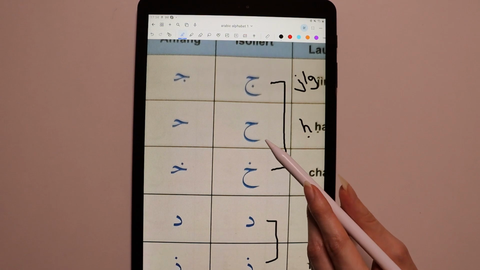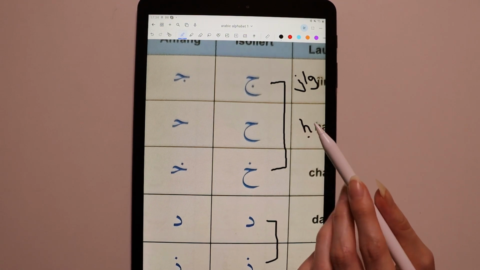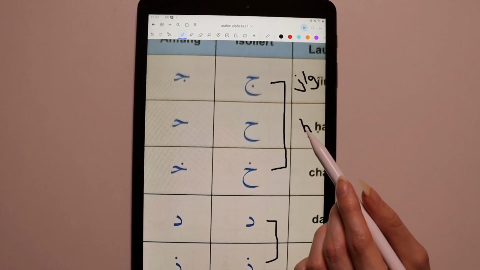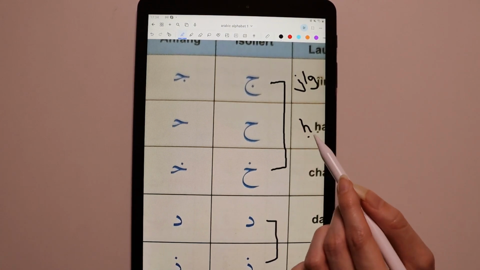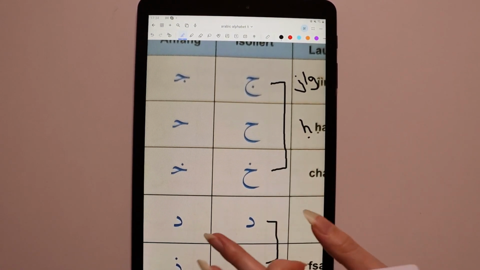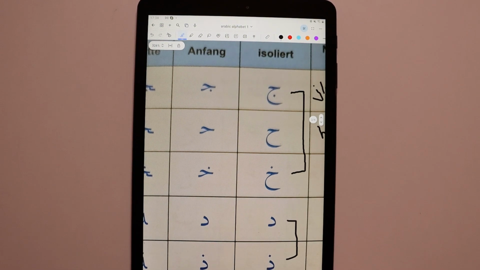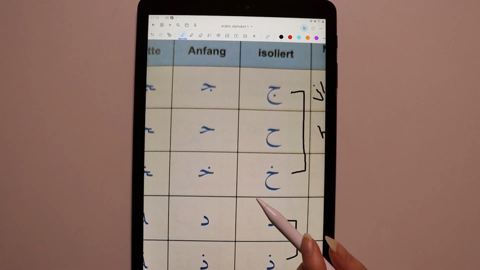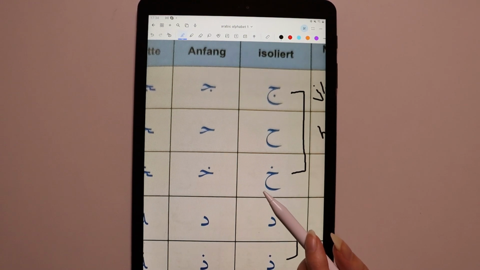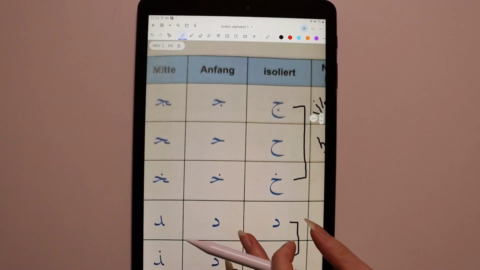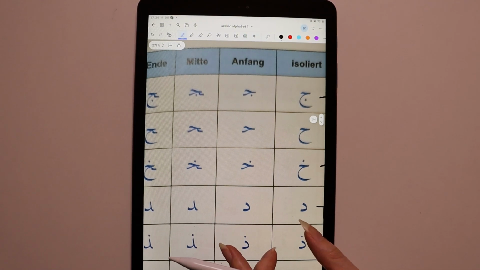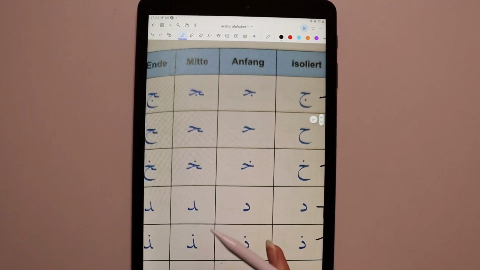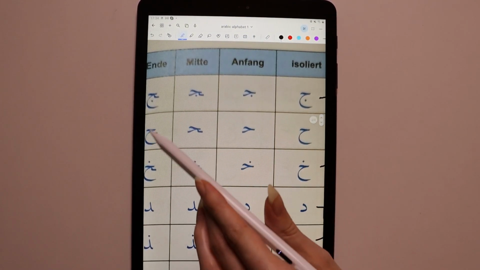As an example, in the name Muhammad, the ha. And yeah, I still have a hard time distinguishing these different sounds until today. And so the ha looks the same as the jim, but it has no dot. But all forms are written the same.